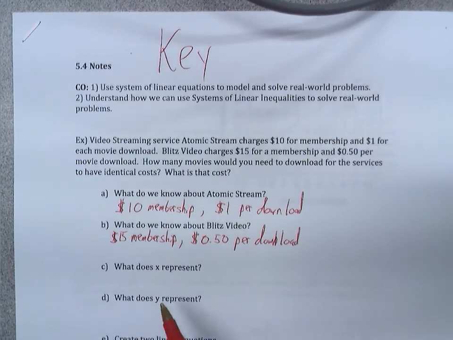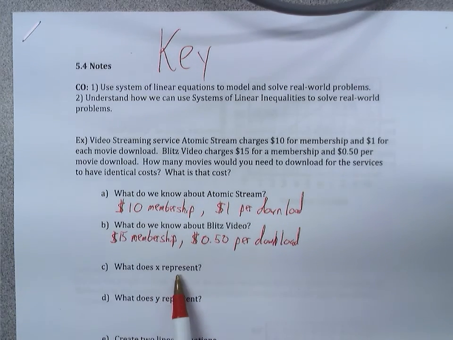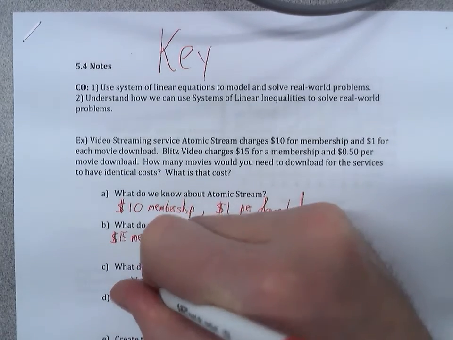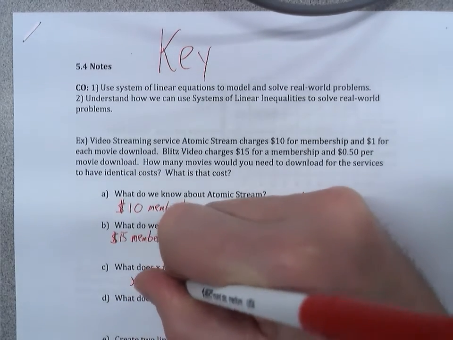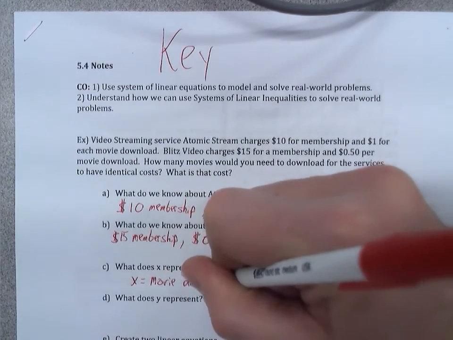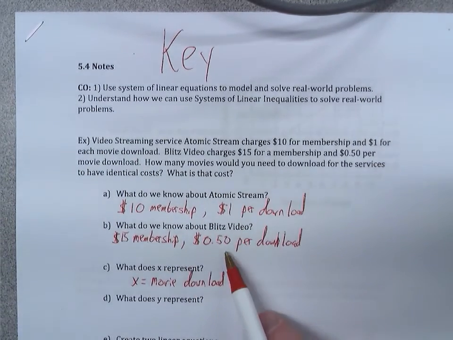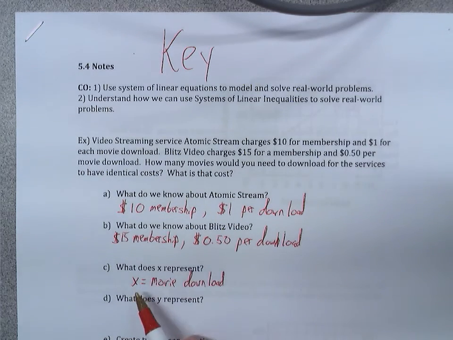All right, so now we want to talk about some variables. First, what does X represent? Well, in this case, X is going to represent a movie download. X equals a movie download. So essentially what we're saying here is that these amounts, $1 per download, 50 cents per download, we would be multiplying by X in two different equations.